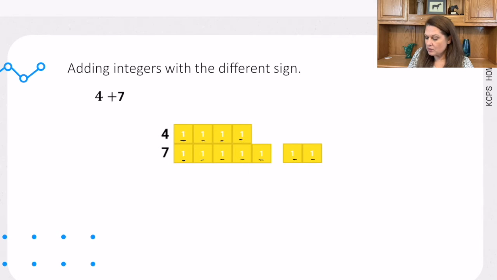Now I always put them in groups of 5 if I can, so I can count them easily. I don't have any zeros. I don't have a negative and a positive. That's going to be a 0 pair. Because I don't have any zeros, I'm going to add them all together, and that tells me 7, 8, 9, 10, 11. That tells me I have 11 total tiles. So they're all the same color, they're all positive, so that's going to be positive 11.